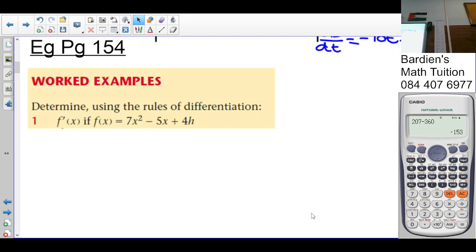Plus 4, then h is not there. So that h mustn't be here. So what I want you guys to do is to apply the derivative quickly.